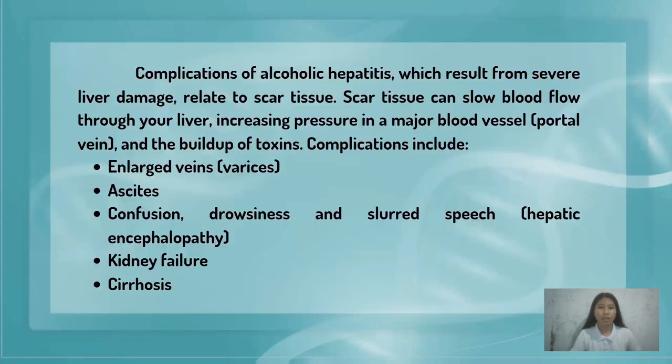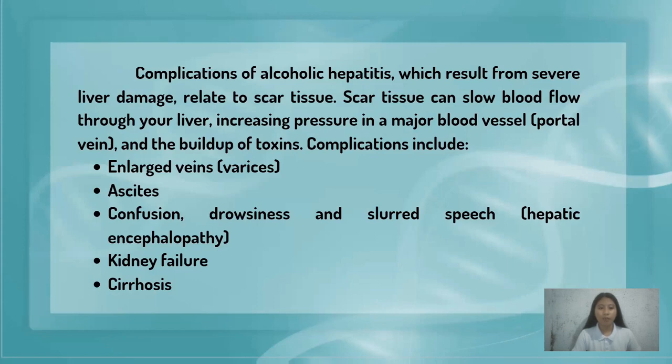Complications of alcoholic hepatitis, which result from severe liver damage, relate to scar tissue. Scar tissue can slow blood flow through your liver, increasing pressure in a major blood vessel, and the buildup of toxins. Complications include enlarged veins.